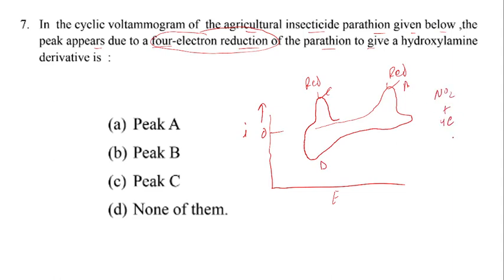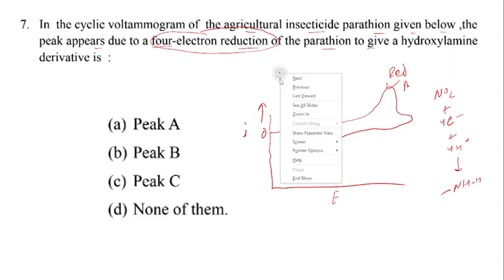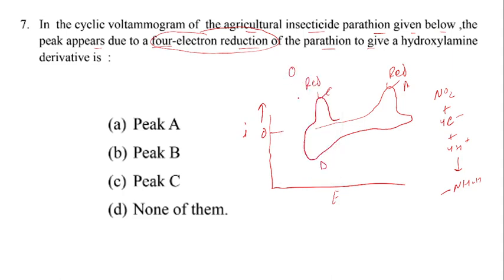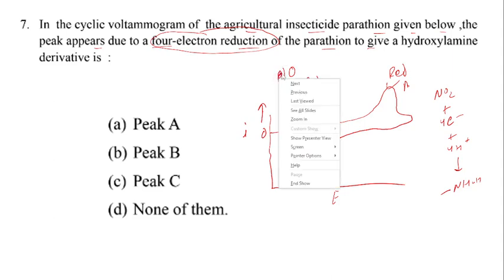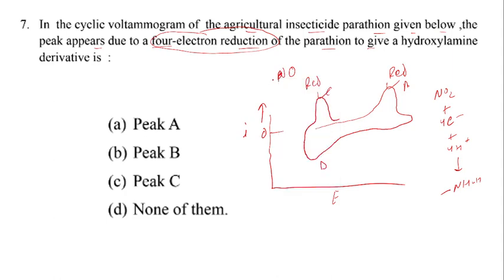And converting to hydroxyl. But here, this is only nitroso, which converted at B. So nitro is getting 2 electron plus 2 proton and converting to NH.